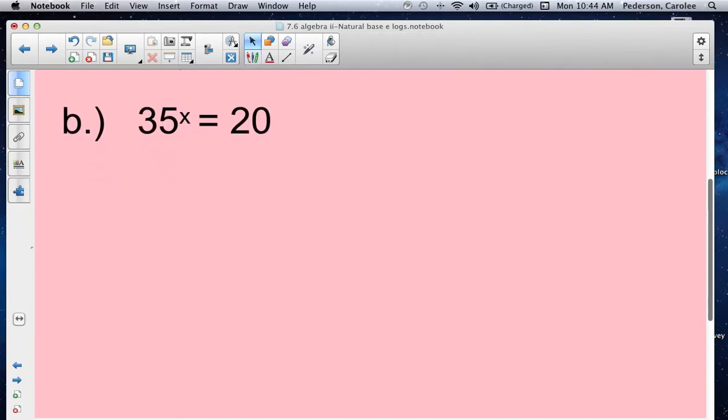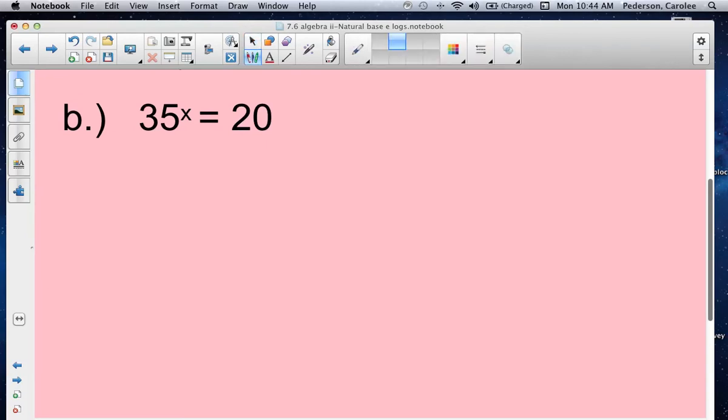Next one. 35 to the x equals 20. We want to find out what x is. Well, same as the last problem, we can take the natural log of both sides. You can also take the common log, which is just base 10. This is base e. Then we learned if we have an exponent in a logarithm, we can bring it down in front.